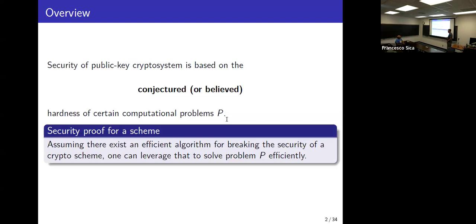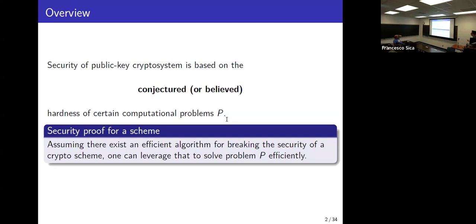Then I can turn this efficient algorithm into one that solves some related problem P efficiently, also in polynomial time. Basically, it means that if I can break the encryption, I can break the underlying problem.